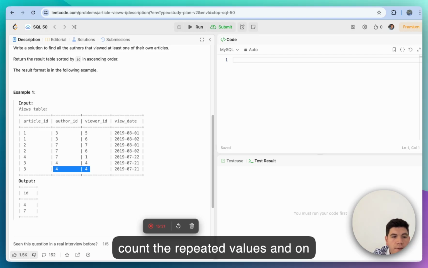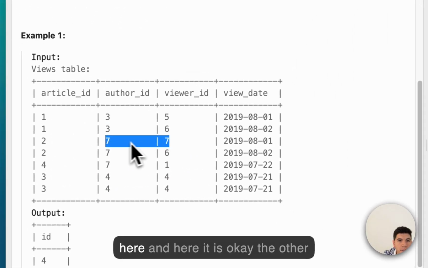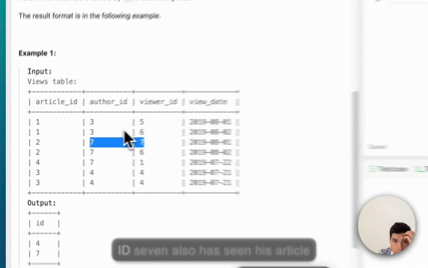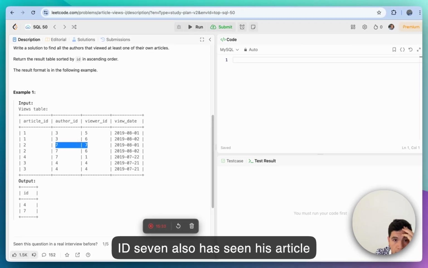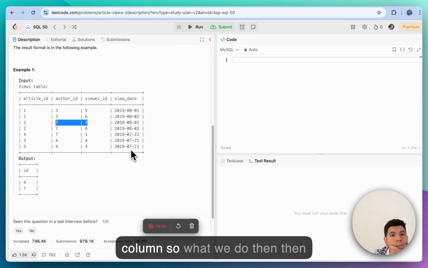And on the second, we see there's another author ID, number 7, repeated here, and here it is. Okay, the author ID 7 also has seen his article, but this time only once. So this is our expected output with the ID column.